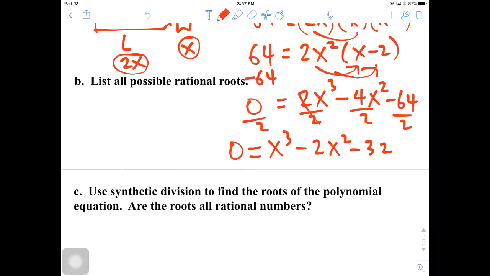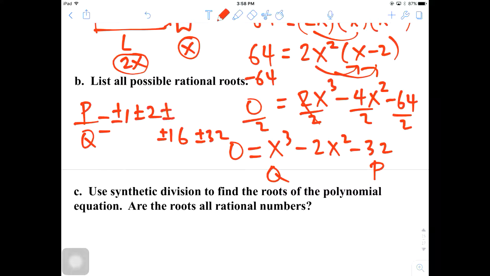So let's go ahead and use the P over Q method again by listing all of the possible zeros. So here we are, P over Q, which, for 32, is going to be kind of long, right, for the list of possible factors. So let's go ahead and list that. That's going to be 1 and 32, 2 and 16, 4 and 8, and I think that's it.